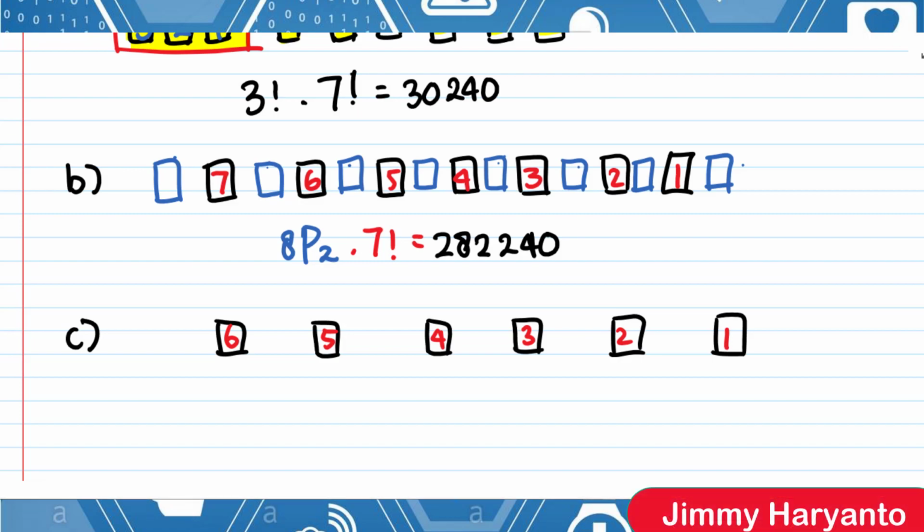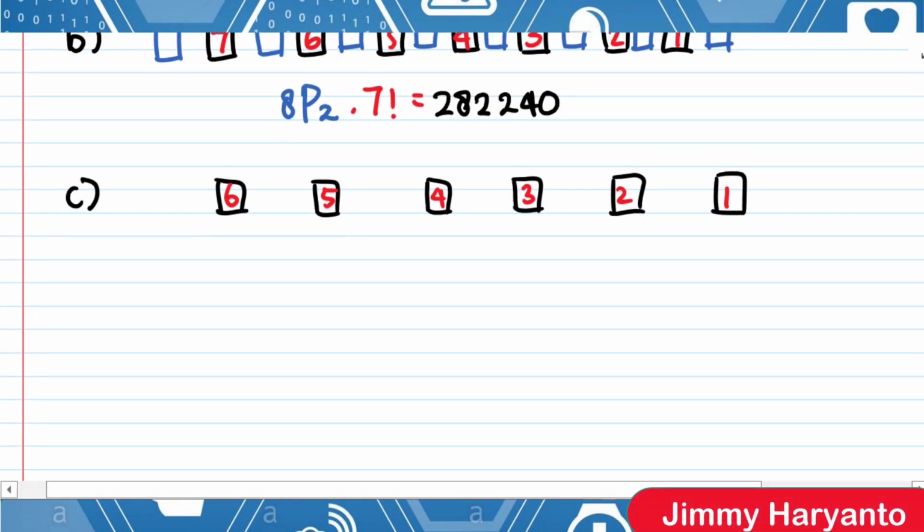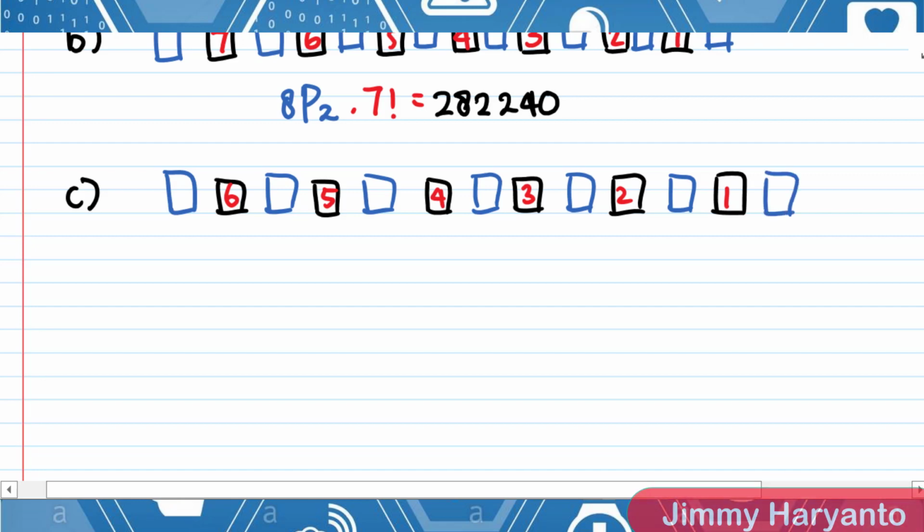The Conrad books should be placed right here, so they will be separated automatically. 1, 2, 3, 4, 5, 6, 7. We have 7 empty boxes that can be filled with 3 Conrad books. So 7 P3 times the red one, which is 6 factorial, equals 151,200.